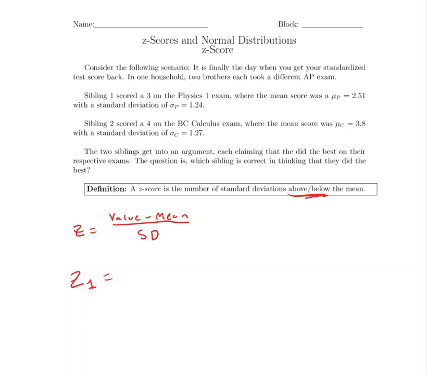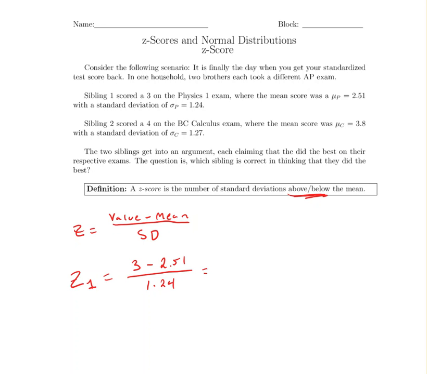Now the student took the AP Physics exam. So when we do this, we are going to take their value of a 3, subtract off the mean of 2.51, and divide by the standard deviation of 1.24.